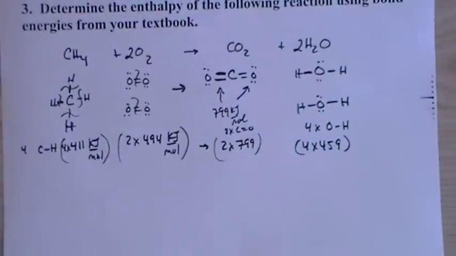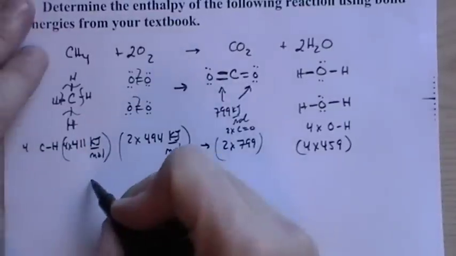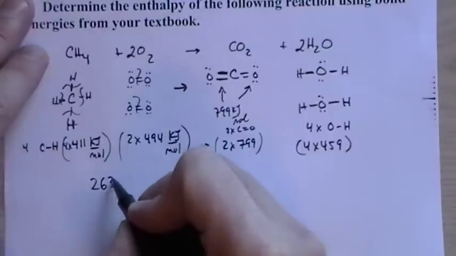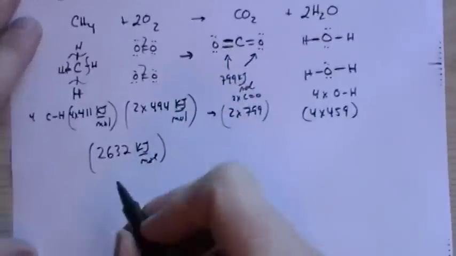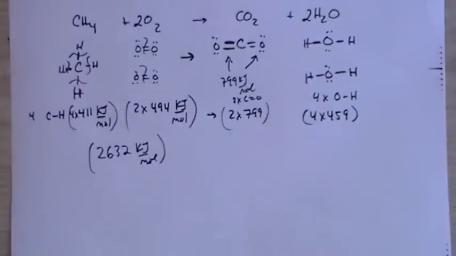So what you do is figure out how much energy you needed to pull the molecules apart on the one side, so it's 4 times 411 plus 2 times 494 plus, and I get 2,632 kilojoules per mole worth of energy to break the bonds. That's the amount of energy that went into it.